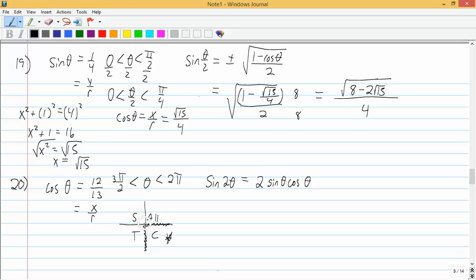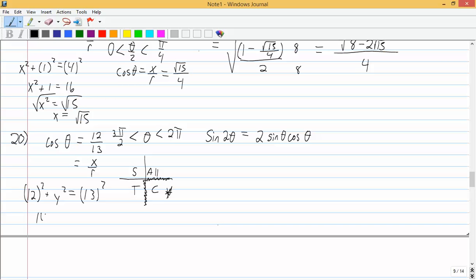And so when I find y, I'm going to have to make it negative. So x squared plus y squared equals r squared, just like we've done so many times before. All right, so 144 plus y squared equals 169. So subtract 144 from both sides, and you get y squared equals 25.